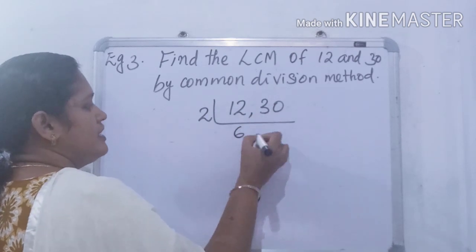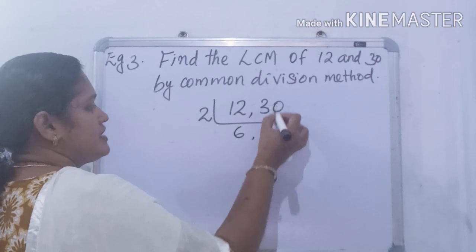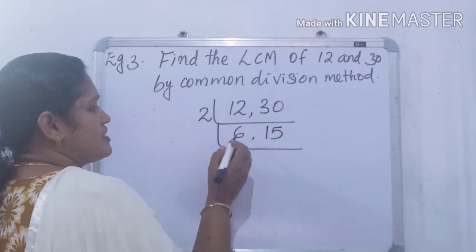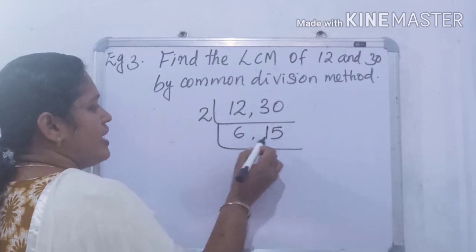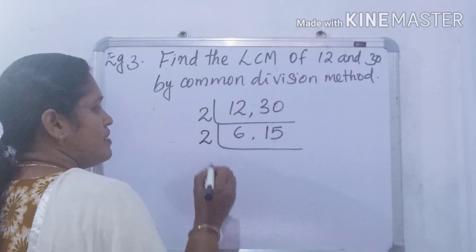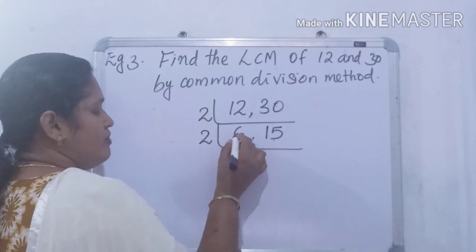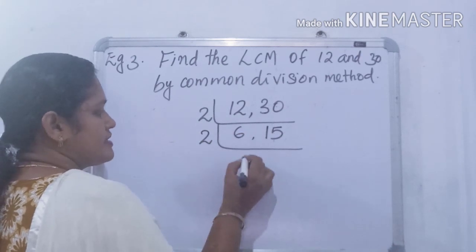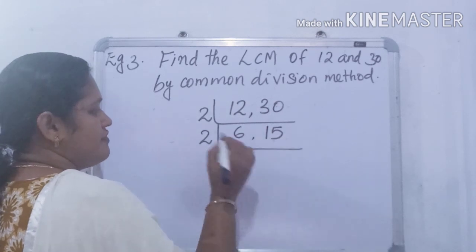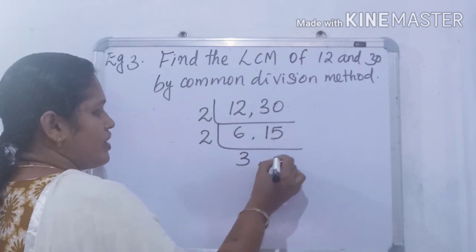In 30, 15. Then 6 is divisible by 2 and 15 is not divisible by 2. First we can divide 6 by 2. How many times 2s are there in 6? 3 times. 15 is not divisible by 2, so write it down.